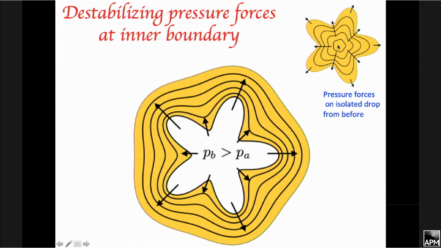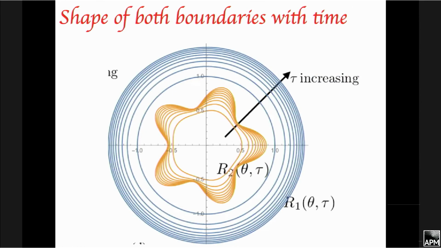I've just shown you again what I showed you before, the isolated drop, where the pressure forces stabilize it. But in this case, where there's an inner boundary, the pressure forces destabilize the inner drop, as you saw from the movies and the slides.